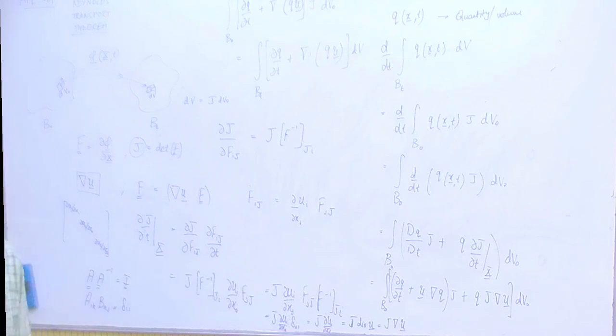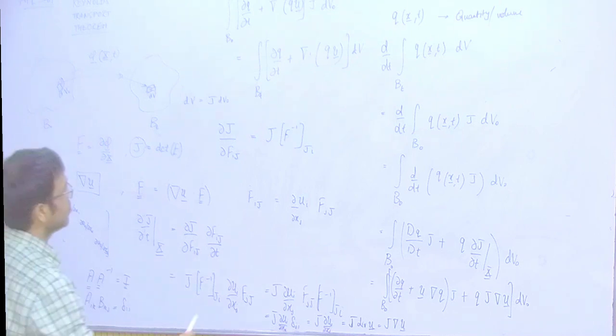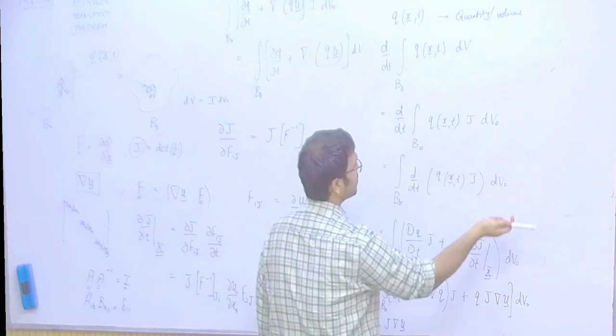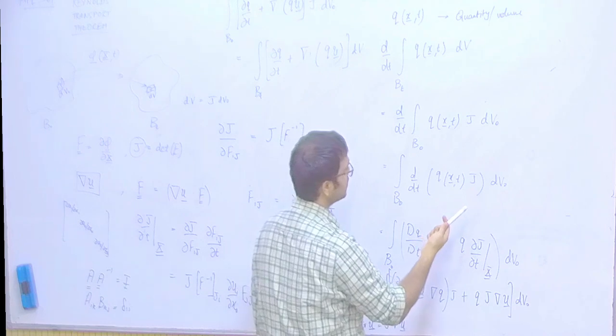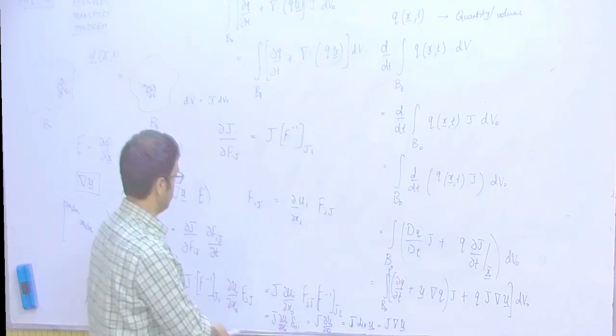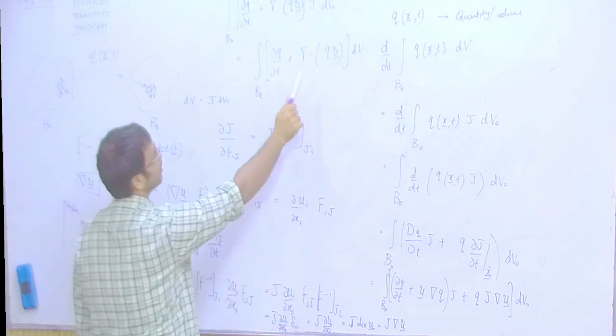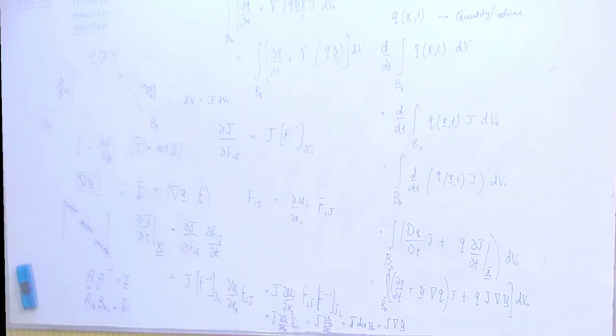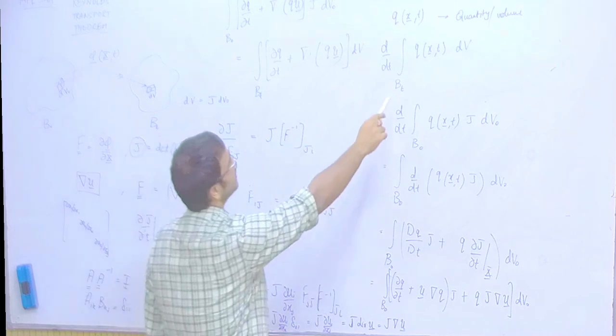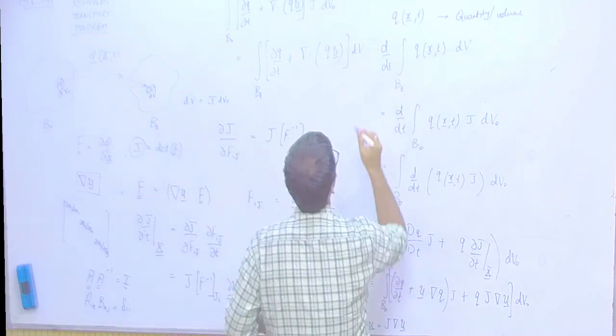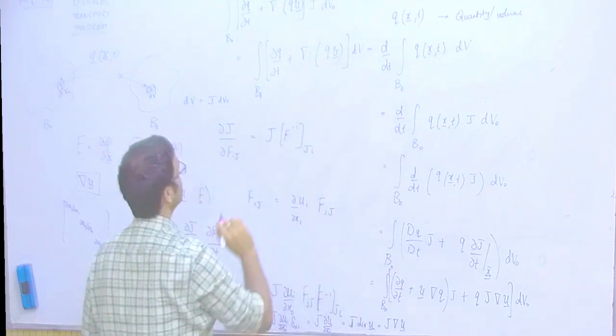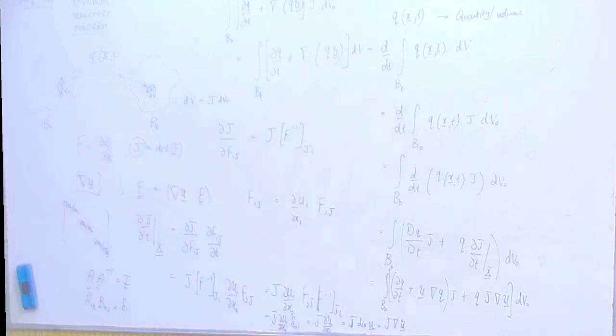Through this change of variables, we brought the derivative inside, and collecting all of our results so far, we get that the time rate of change of this quantity should actually be equal to, this was not planned or scripted, it just happens that they came down in the same line.